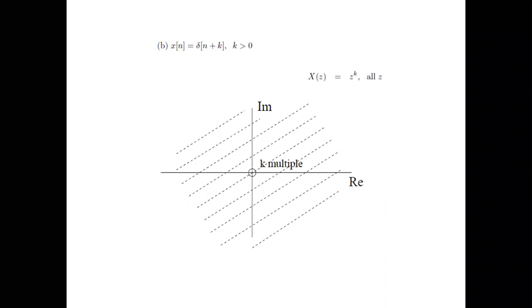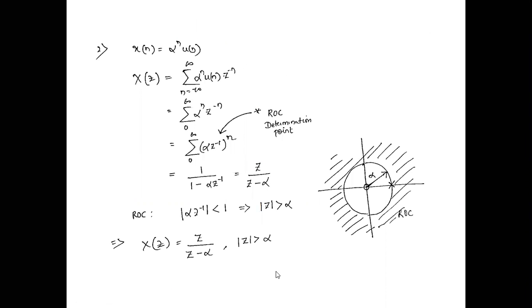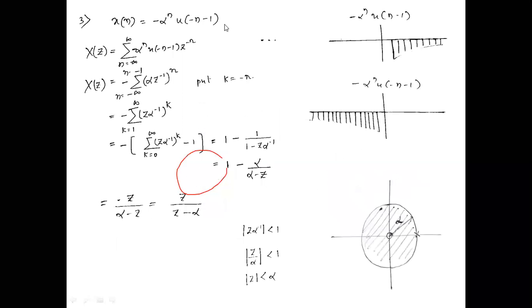Alpha to the power n into u of n gave 1 divided by 1 minus alpha z to the power minus 1, with the ROC being magnitude z greater than alpha. Then there was one more question, minus alpha to the power n u of minus n minus 1. This also gave the answer z divided by z minus alpha. Both of them had the same answer.